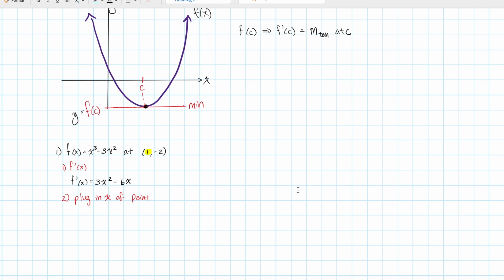So f prime at 1 is equal to 3 minus 6, which is equal to -3. What this just gave us is the slope of the tangent line. So now that we know the slope of the tangent line, our step 3 is going to be create an equation for the tangent line.